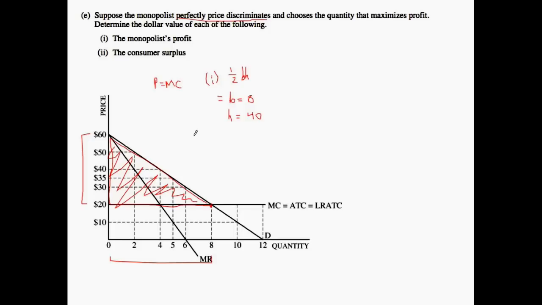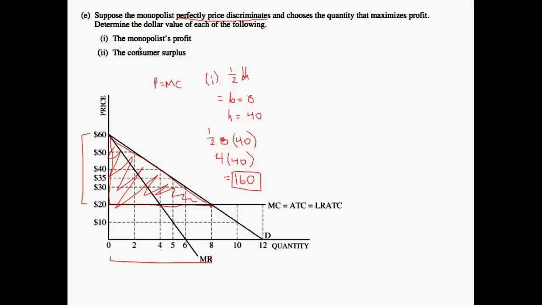Therefore, your consumer surplus that you would have originally gotten, but which is now the monopolist profit, is going to be a half base times height, so a half 8 times 40, and 8 divided by 2 is 4 times 40. Your monopolist profit from perfect price discrimination is then 160, and that's the dollar value.